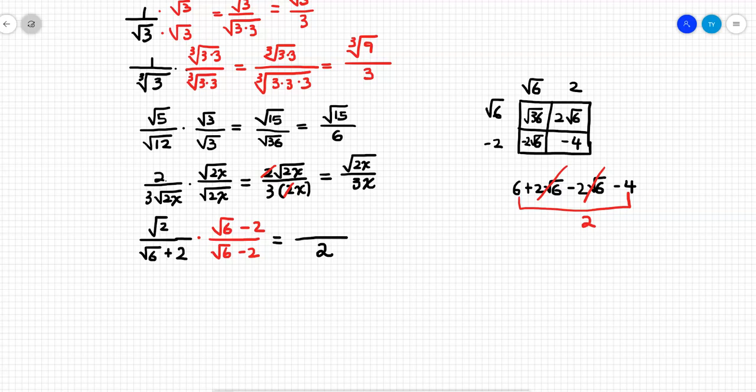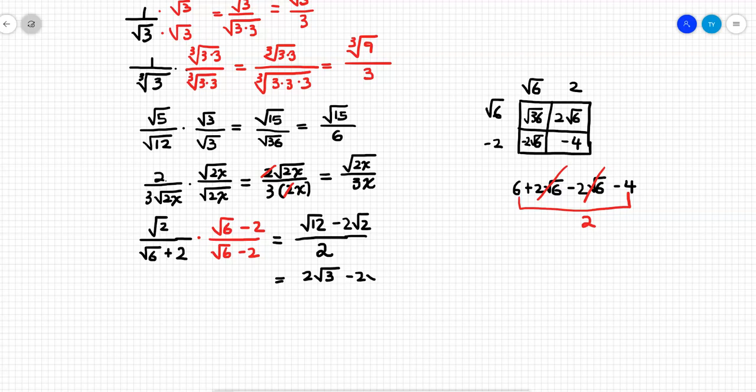Then again, you have to multiply the top, right? So you'll have square root of 12 minus 2 square root of 2. Now we do some housekeeping. Square root of 12 is what? 2 times 2 times 3, so a 2 comes out, and then it's square root of 3.